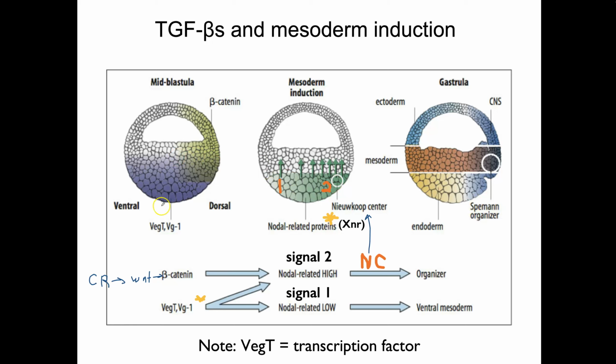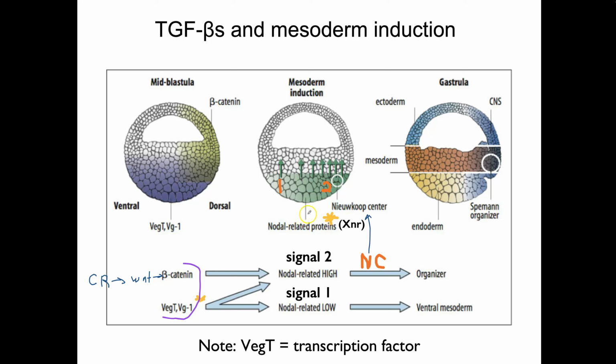So just to recap, this is a summary figure from the textbook, but I have added in some information to help you think through the bigger picture. So all of this is kind of maternal signals. And it is not until the nodal related proteins and other proteins start being transcribed in the actual embryo that we are seeing the zygotic genes.